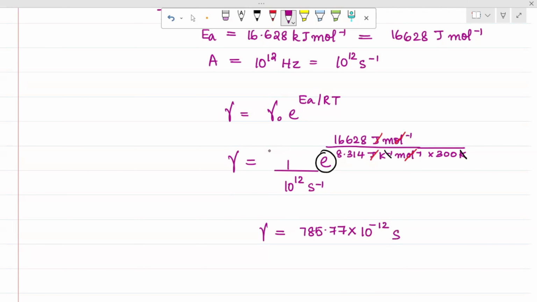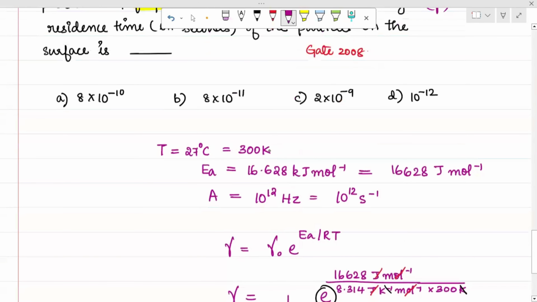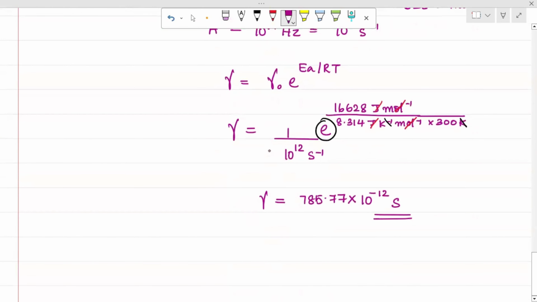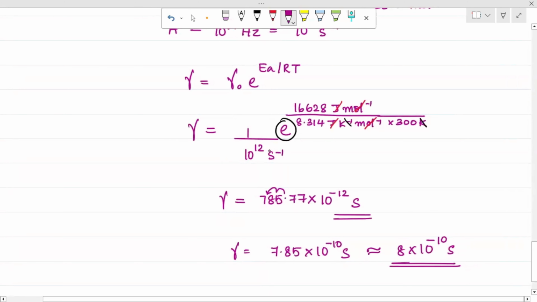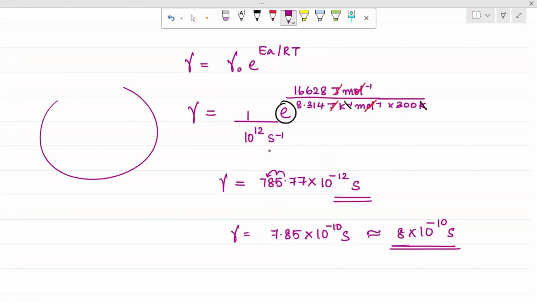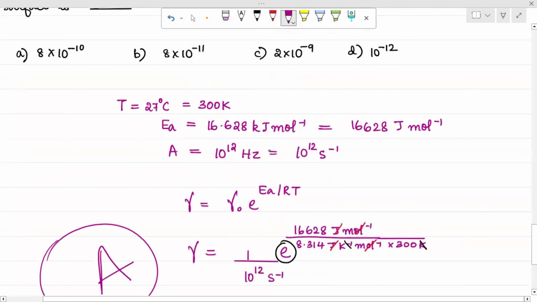Per second comes to the top, seconds. So you can see that such an option is not there. Everything is just rounded off to one integer. So I'll take it 2 points to the left. So this is 7.85 into 10 to the power minus 10 seconds, or it can be approximated as 8 into 10 to the power minus 10 seconds. So this is the average residence time of the molecule that they have given on the surface. Option A.